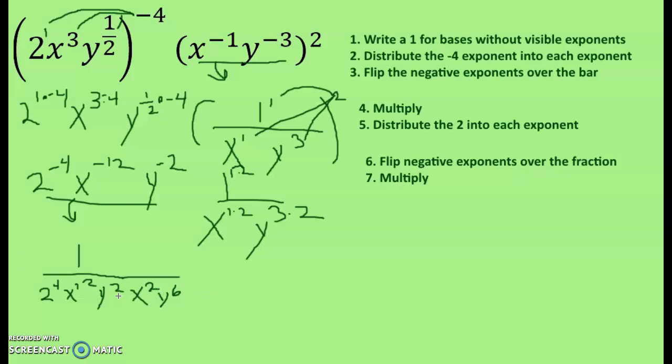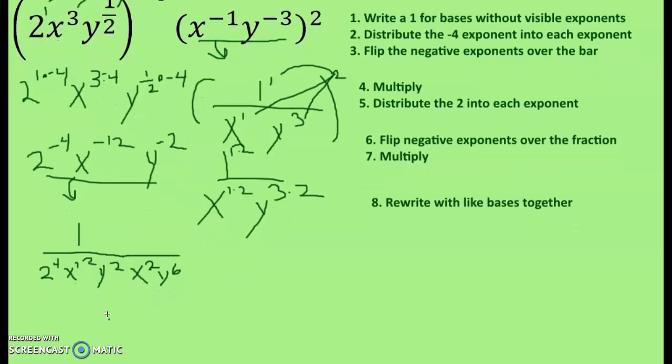So we're going to rewrite them with the like bases together. So with the like bases together, we'll have 1 over 2 to the 4th power times x to the 12th power times x to the 2nd power times y to the 2nd power times y to the 6th power.